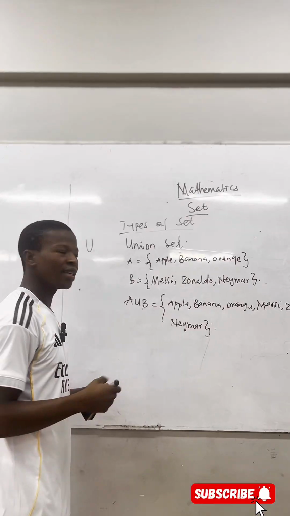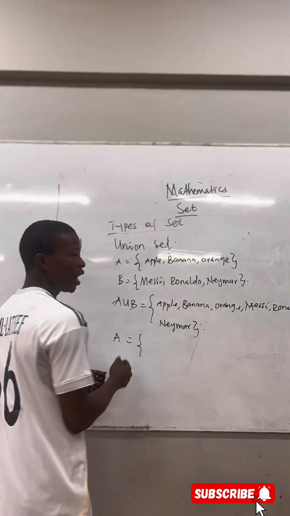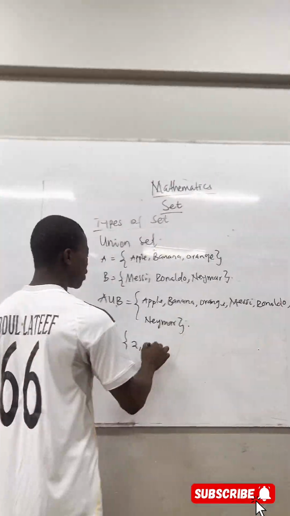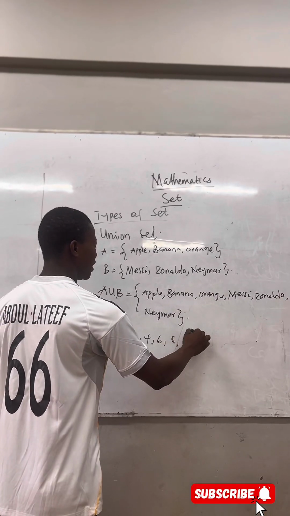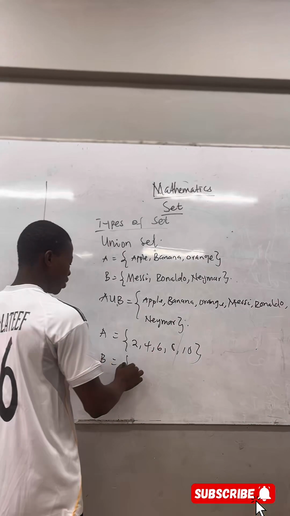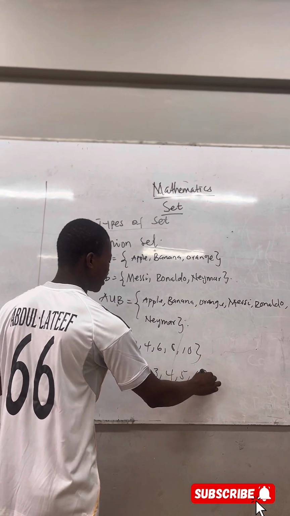So let's bring it into numerals or numbers. So we are having A. If we have set A to be multiples of 2, 2, 4, 6, 8, 10. And we have B to be counting numbers 1, 2, 3, 4, 5, 6.